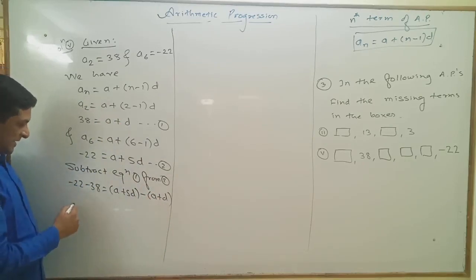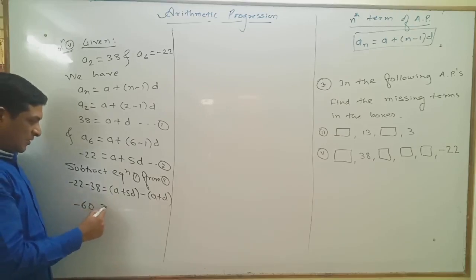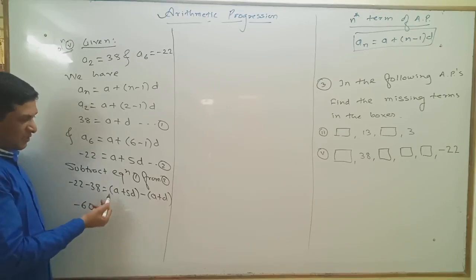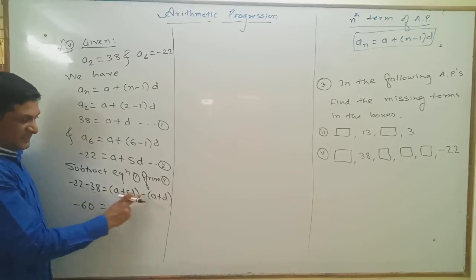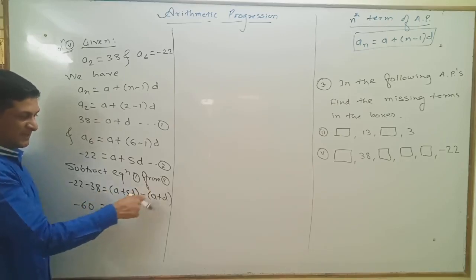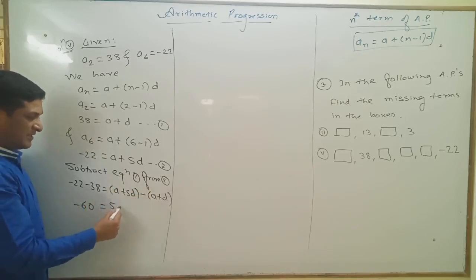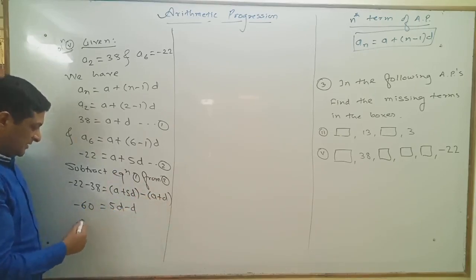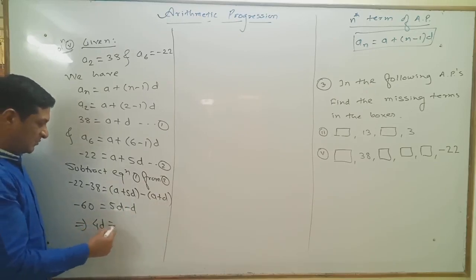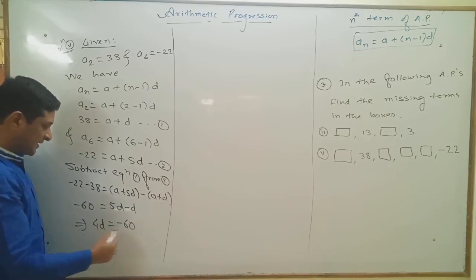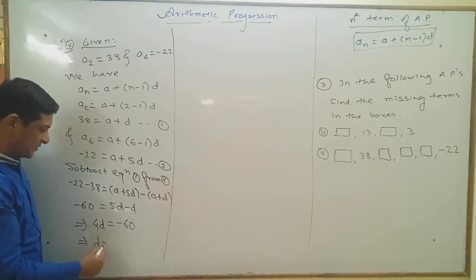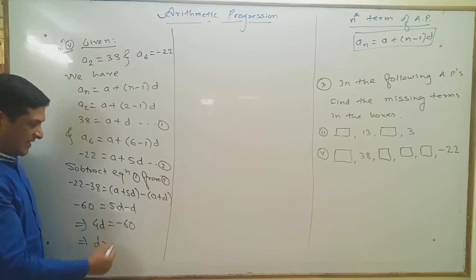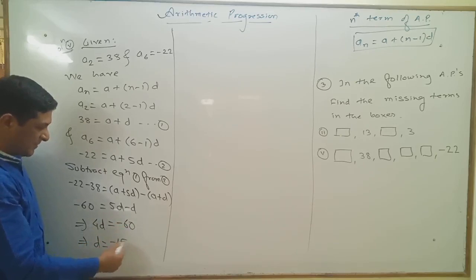So this subtraction will be equal to minus 60. On this side, open the bracket, or orally we are able to check that plus A and minus A will get cancelled. 5D and minus D will be equal to 4D. So this implies that 4D is equal to minus 60. Implies that D is equal to minus 60 divided by 4, means it will be equal to minus 15.